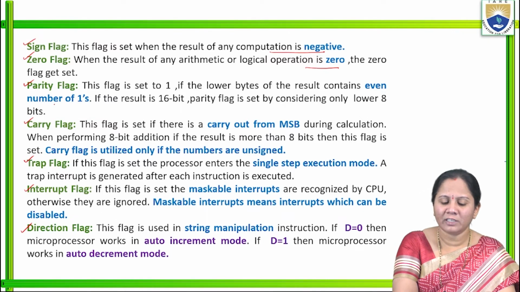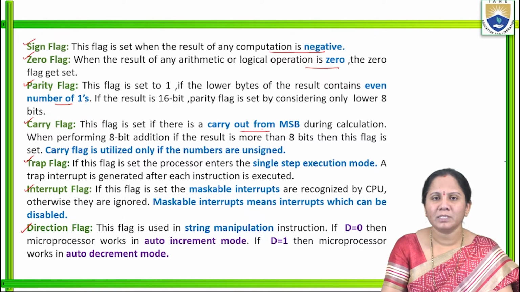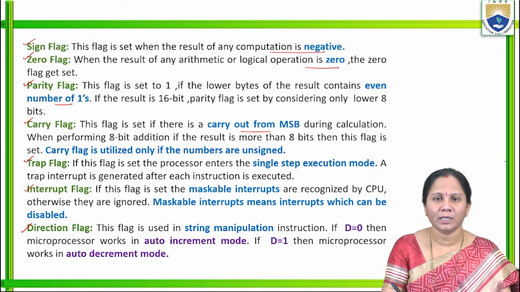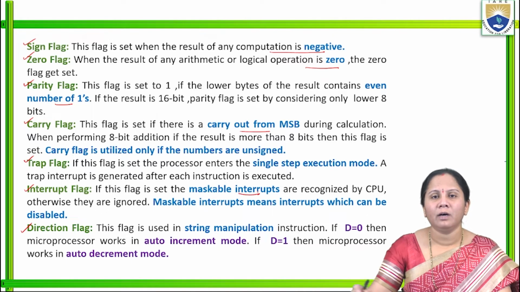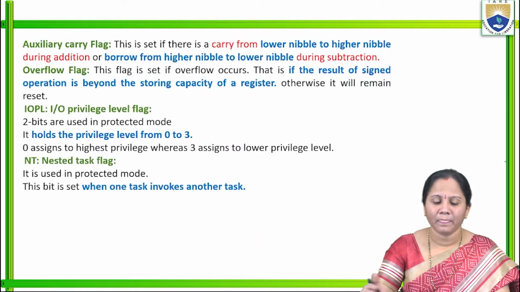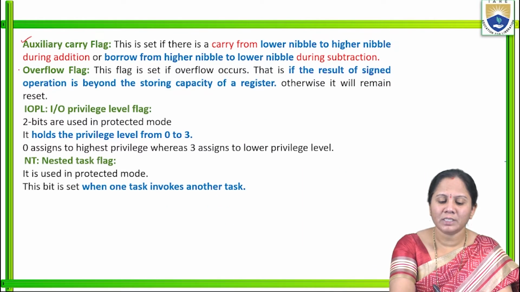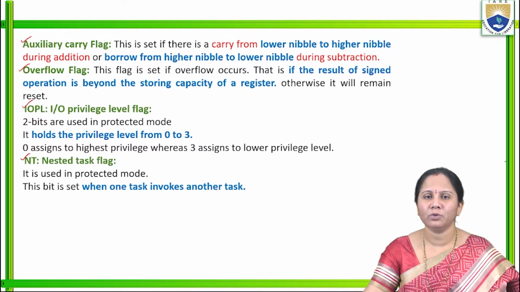So when the parity flag will be enabled, when the carry flag will be enabled, that means when the ALU operations are done, the result of ALU will be reflected on this flag register. So here we have to say in detail when that particular flag bit will be set. And all these are the bits that are available in the flag register format of 80286 microprocessor.